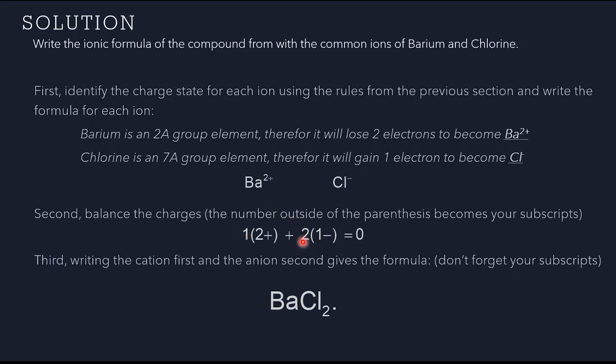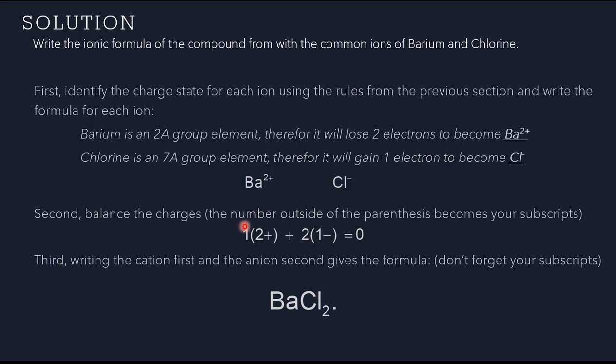What goes outside the parentheses is whatever numbers we need in order to balance these charges and give us a 0. So if we have a 2+ on the inside here and a 1- on the inside, we need 1 out here, right? 1 times 2+ gives us 2. And then ask ourselves, okay, what times -1 would also give us 2? Well, it needs to be 2. So 1 times 2 plus 2 times -1 gives us 0.